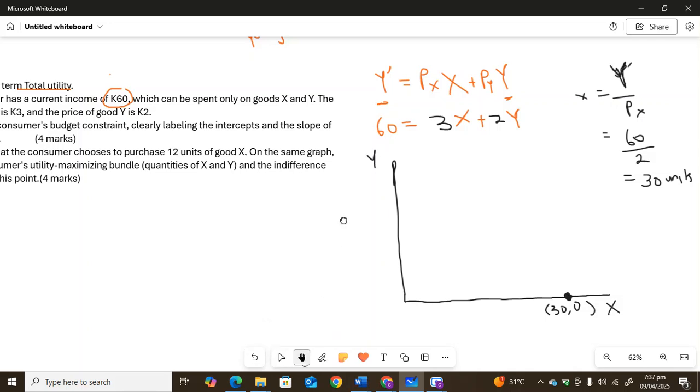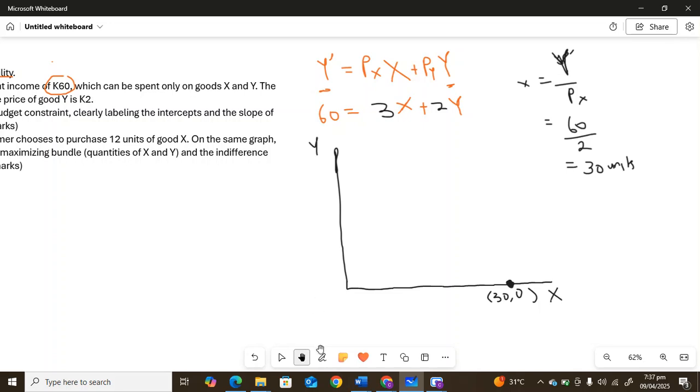Then our y-intercept, where we're only buying good y, is our income over the price of good y, which equals 60 divided by... oh, the price of good x is 3 kwacha, so 60 divided by 3, that's 20 units.